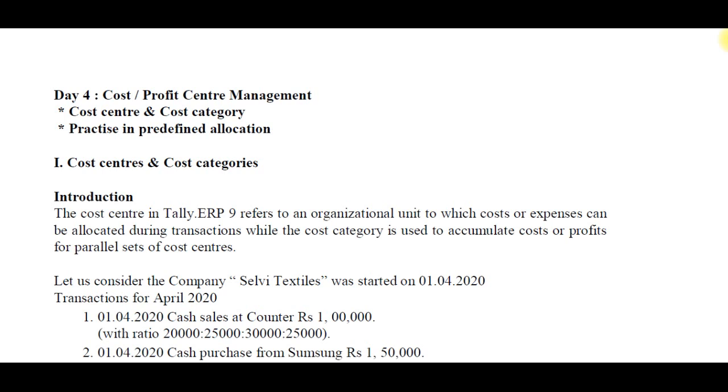Because if I get the whole financial year's profit or loss, yes, I get the profit, but I need every unit's profit or loss. If we maintain the cost center, cost category policy, we easily get the particular cost area's incurred profit or loss.